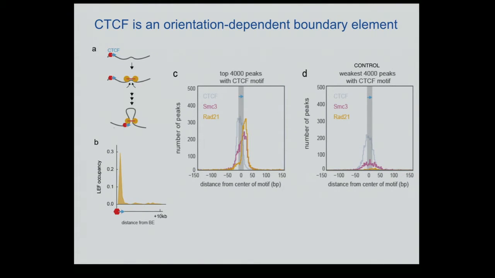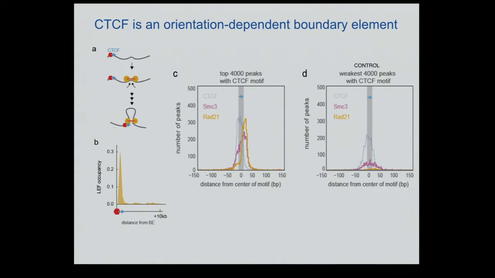Another note is that it was shown in two papers. I should have cited them here. One is the same paper by Aris Liberman that I cited earlier, and the other is a paper by Susan Hajur and Amos Tanay's lab, where they showed that CTCF at the boundaries of TADs has a tendency to be preferentially oriented. What we did here was look at the top 4,000 CTCF peaks with a CTCF motif, such that we can orient the peak.